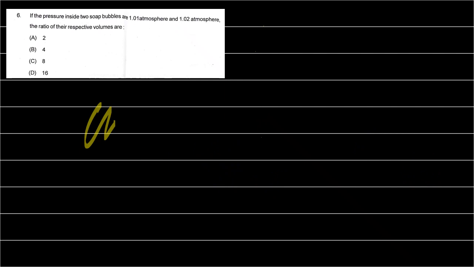To solve this problem, we need to understand the concept of bubbles. There is a relation between the pressure difference of a bubble, that is the pressure inside and outside of a bubble, and its surface tension T and the radius R of the bubble.